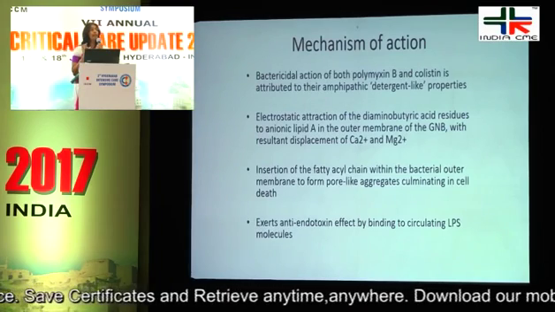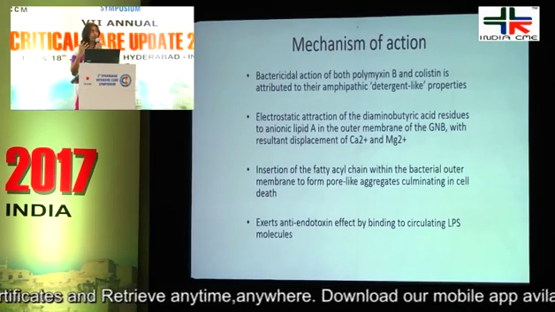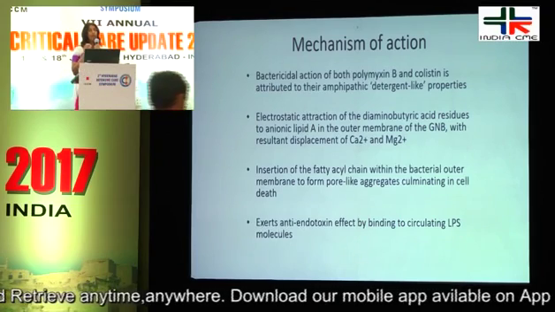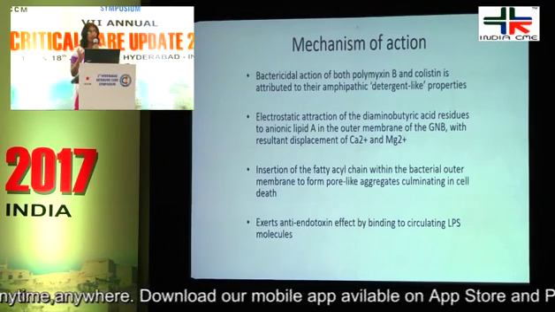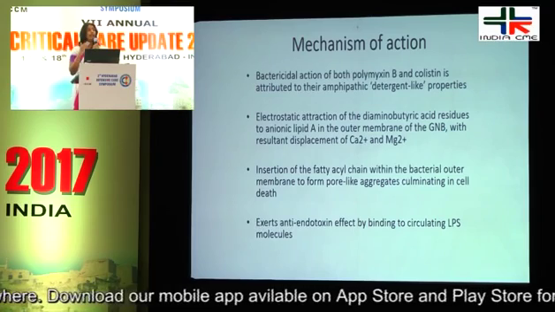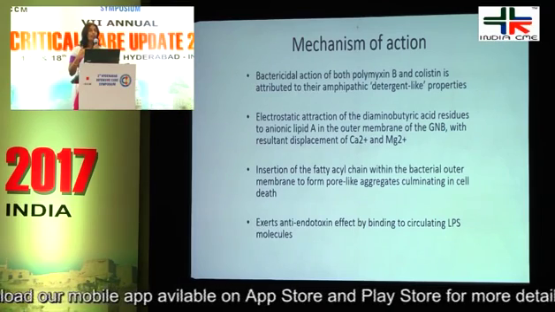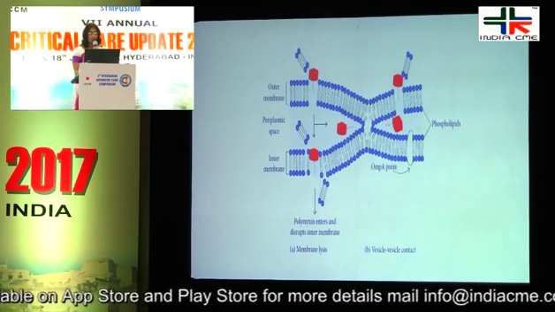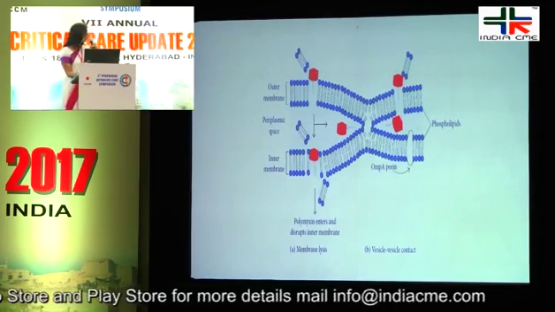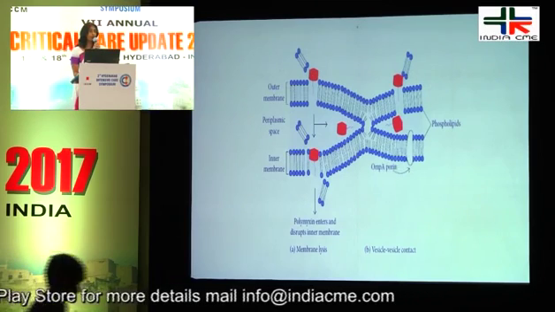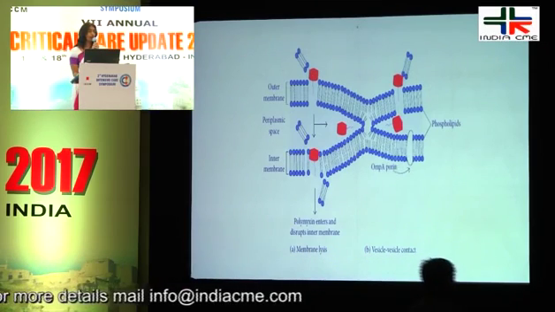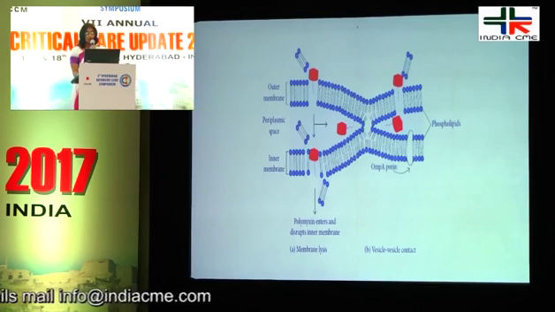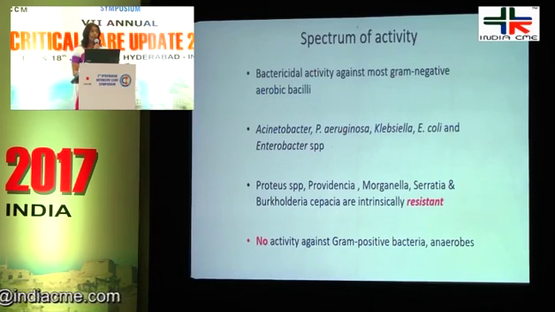They bind to the outer lipopolysaccharide membrane and break it open so that the drug can enter the cell. Once the drug enters the cell, it gets in contact with the inner membrane of the organism and then causes complete lysis of the organism. So the ones in red are the drugs, and that is how they displace the outer lipopolysaccharide membranes. That is what polymyxins are about.